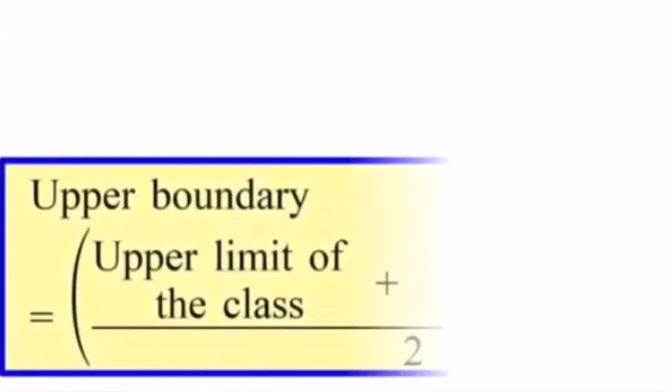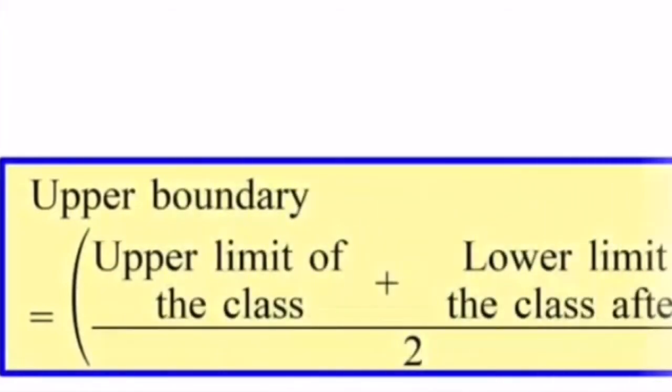For the upper boundary, you have to take the upper limit of the class plus the lower limit of the class after it, and you divide by 2.